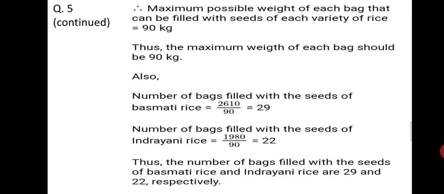Thus, the number of bags filled with the seeds of basmati rice and Indrayani rice are 29 and 22 respectively. Means 29 bags will be filled with basmati rice and 22 bags will be filled with Indrayani rice, each weighing 90 kg.